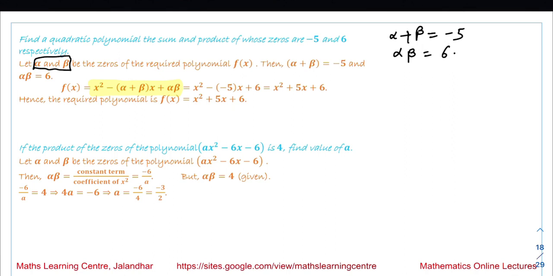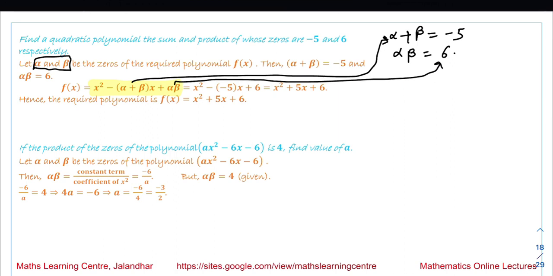We substitute these values, −5 and 6, and we get the answer x² + 5x + 6. So this is the required polynomial.